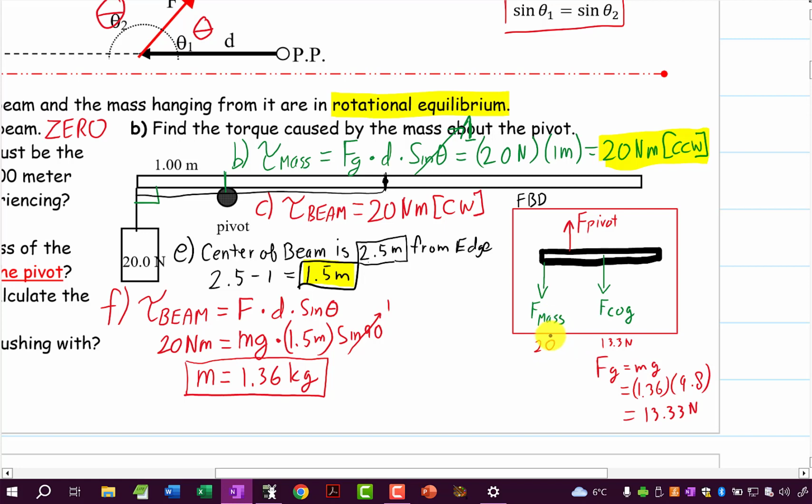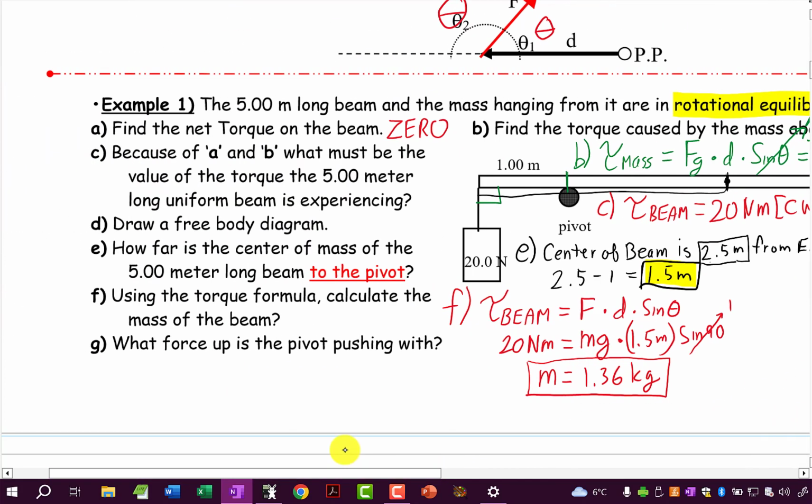So if the mass is pulling down with 20 and the beam is pulling down with 13.3, to keep it in translational equilibrium, then the pivot point has to be pushing up with 33. So the sum of the forces in the y direction has to equal 0.